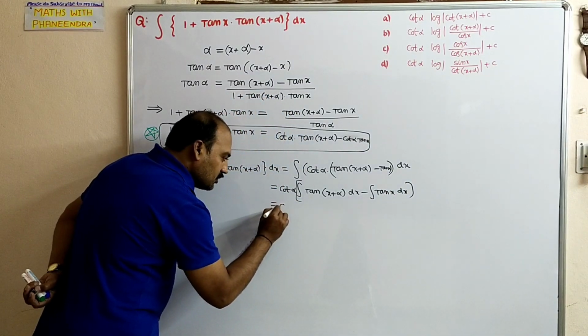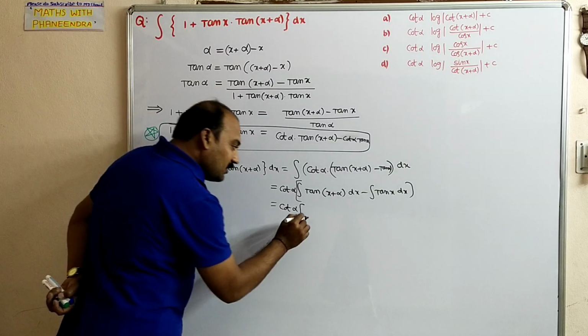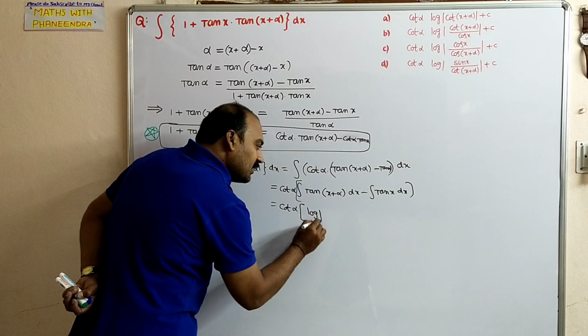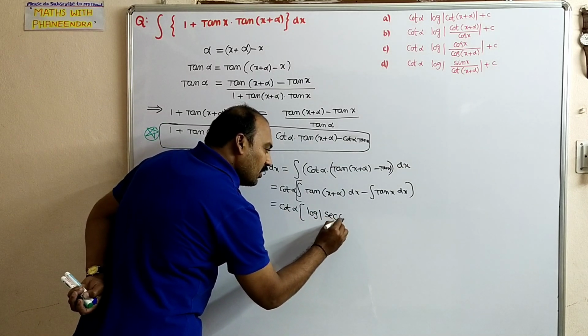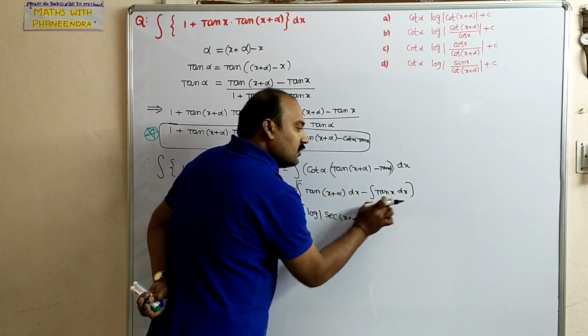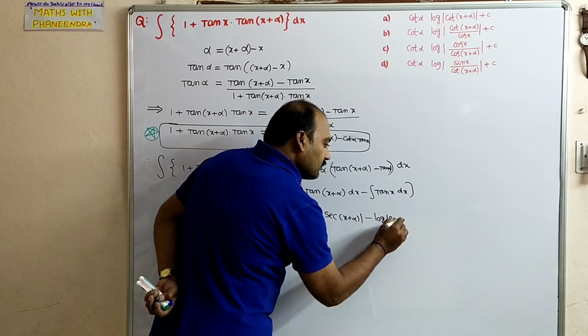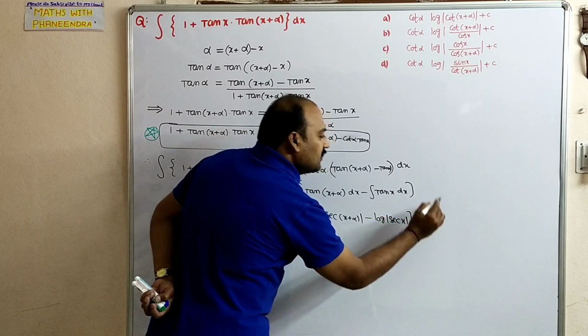which is equal to cot alpha into integral of tan, log mod secant of x plus alpha, minus integral tan x, log mod secant x, plus c.